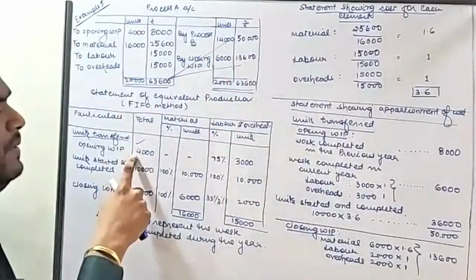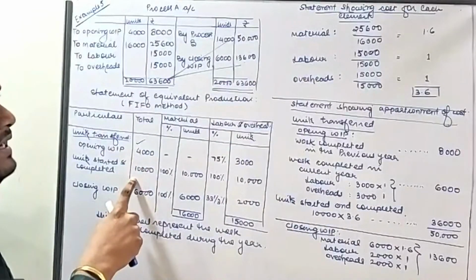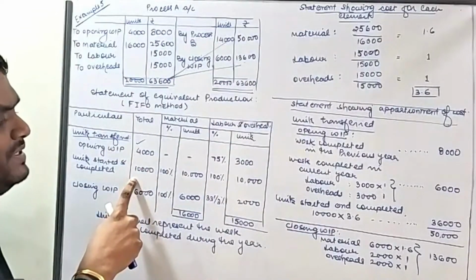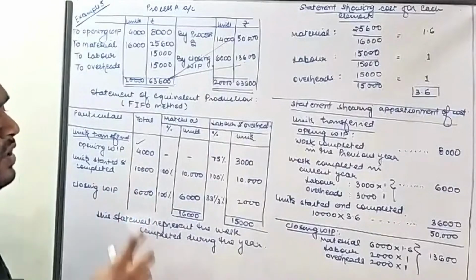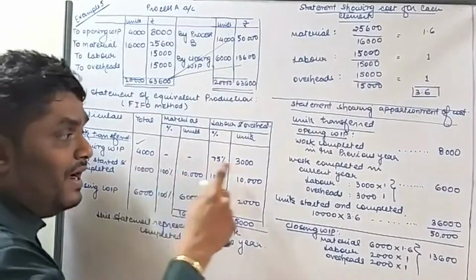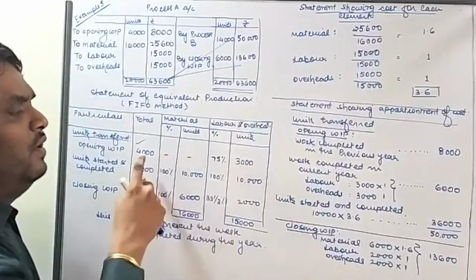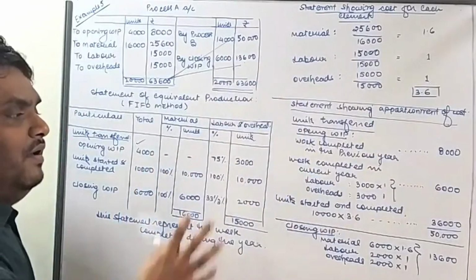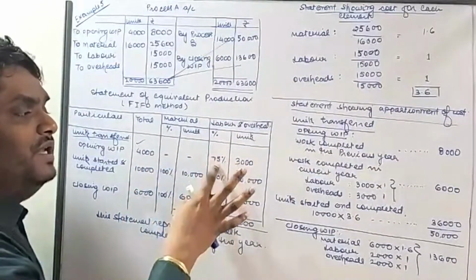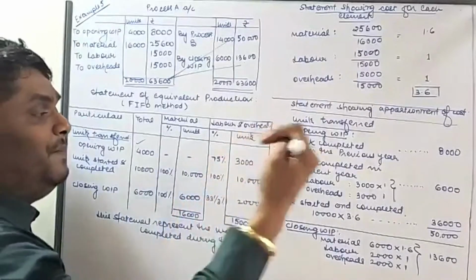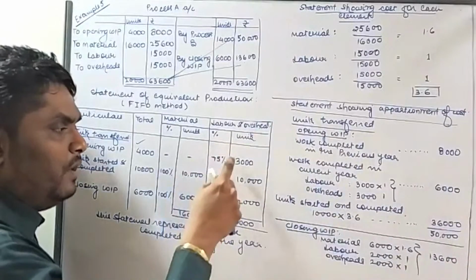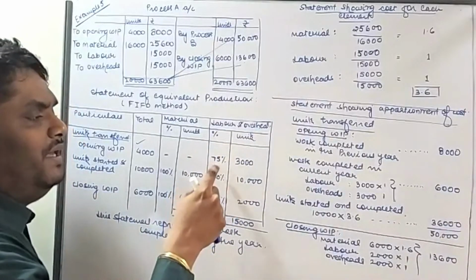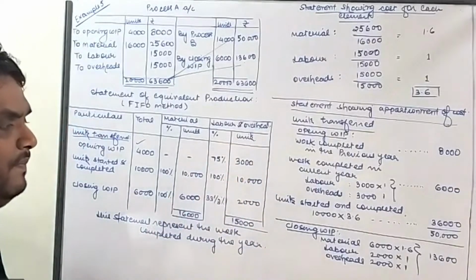So 4,000 will be from opening work in progress, 10,000 will be from the inputs that are made during the year. So in the 4,000 units, how much work did we do this year? See, 100% work was already done in the previous year for material. 25% work was done in respect of labor and overhead in the previous year. So when talking about the work that is completed during the year, it is 75%.